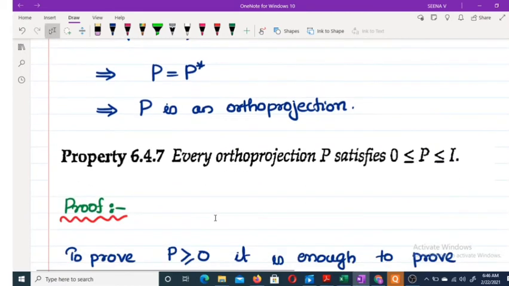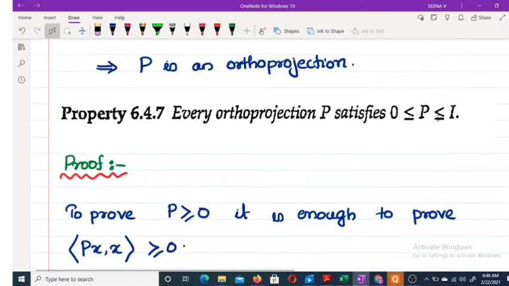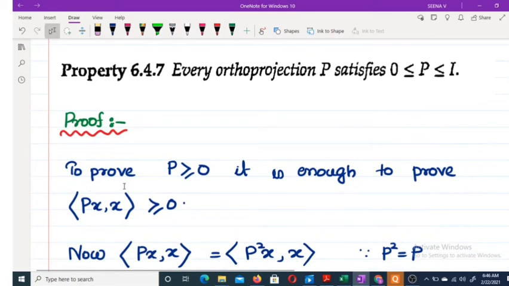Okay. Now moving to next property. Property 6.4.7. Every ortho projection P satisfies the condition 0 ≤ P ≤ I. So first we prove P ≥ 0. Then we prove P ≤ I. So to prove P ≥ 0, what we have to prove?